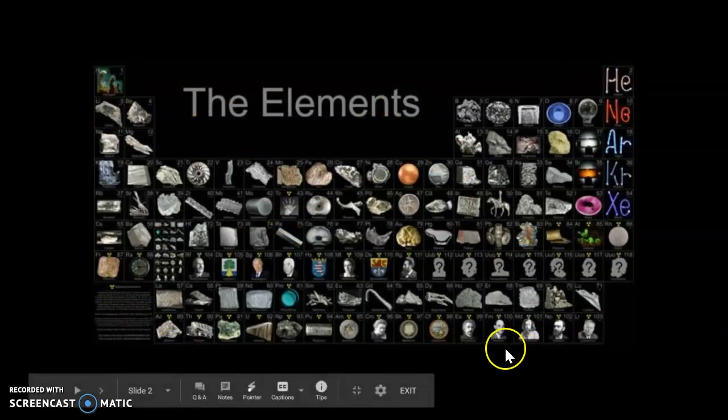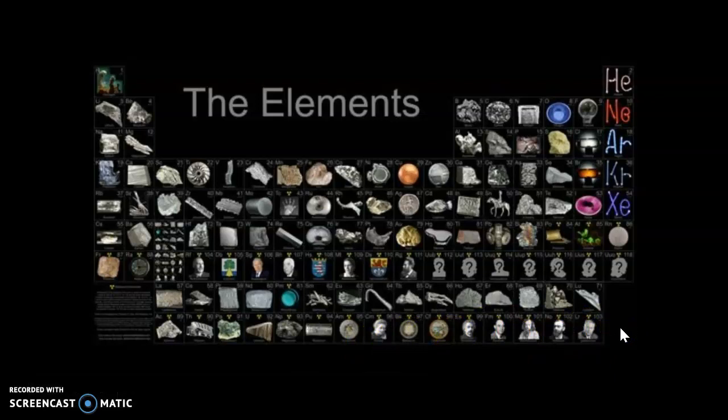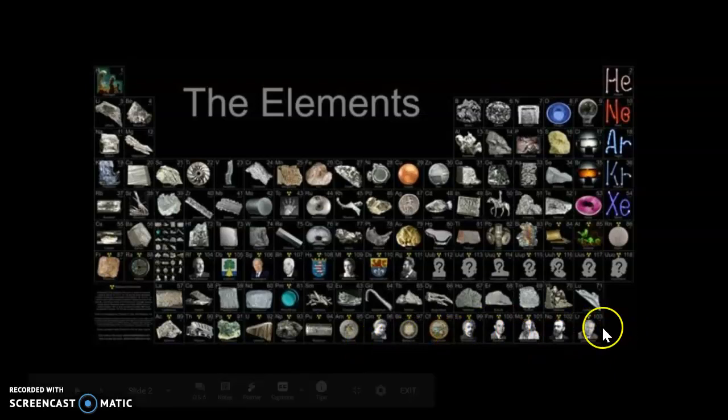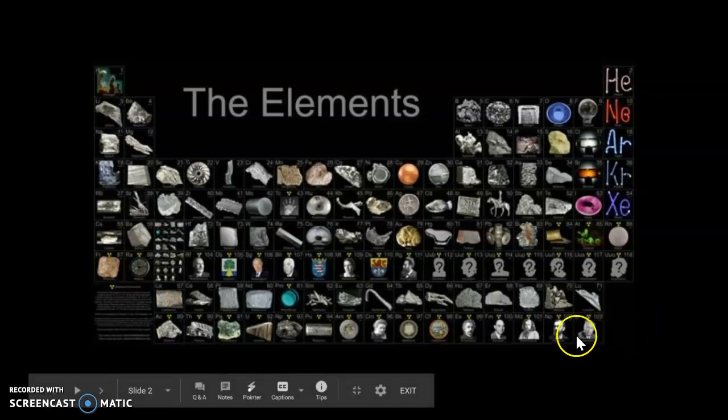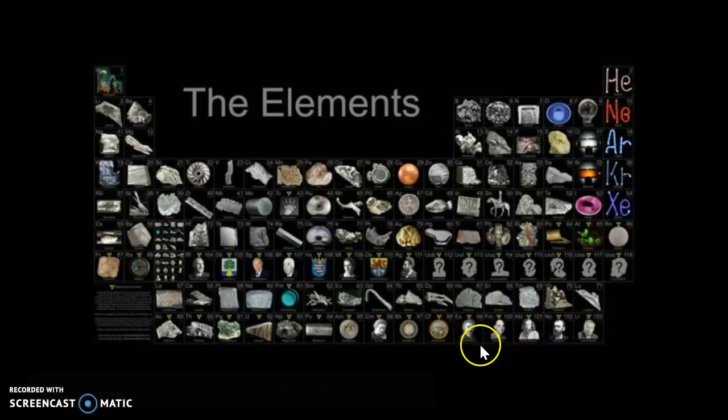Some of our really, really large elements, we don't actually know what they look like because they exist so briefly that they just fall apart before we can even study them. And a lot of those are named after famous chemists, and so that's why you see pictures of some people on the table as well.